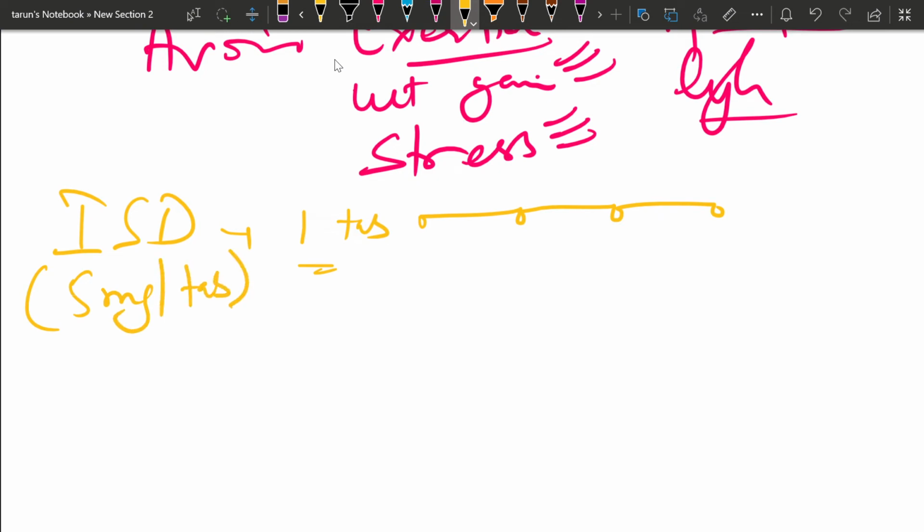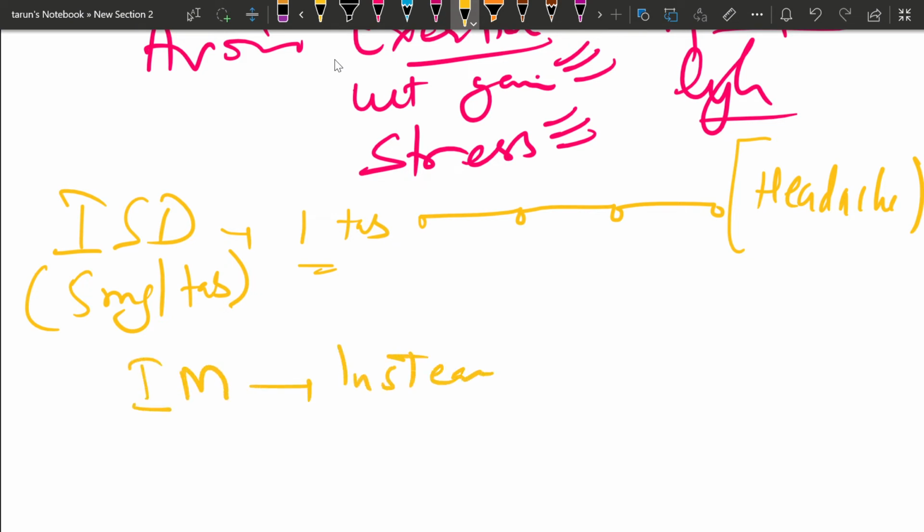But there is a risk of headache with isosorbide dinitrate. If headache occurs, you can try isosorbide mononitrate instead of isosorbide dinitrate.